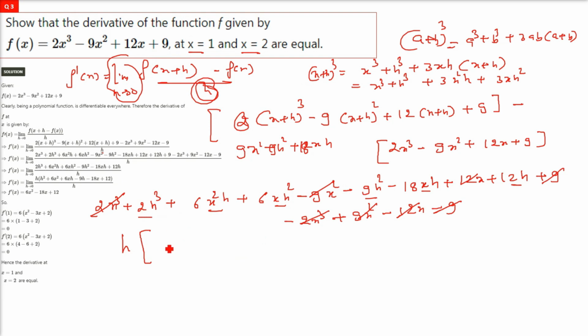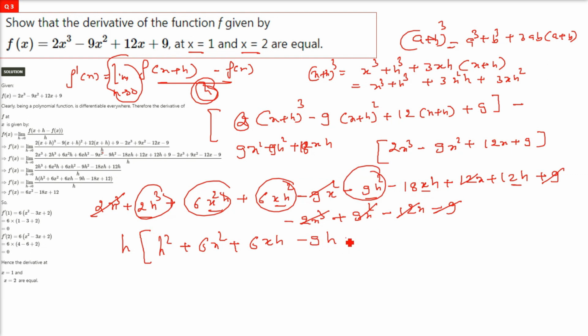And in the denominator it was h already. I'm not writing it, but let me show you what terms we get. H square plus 6x square plus 6xh minus 9h minus 18x, and then we have plus 12.